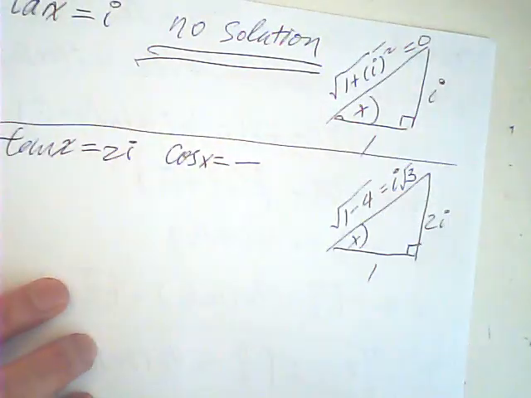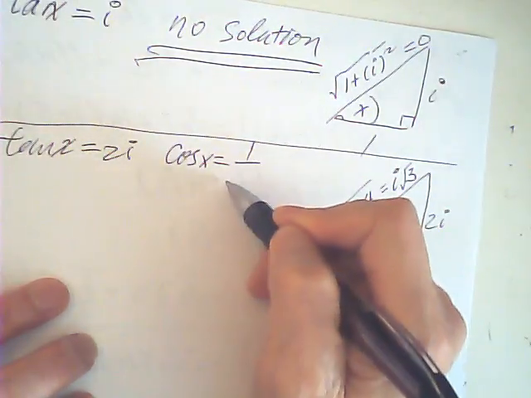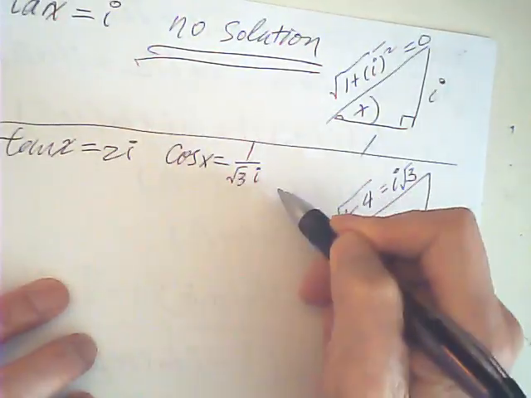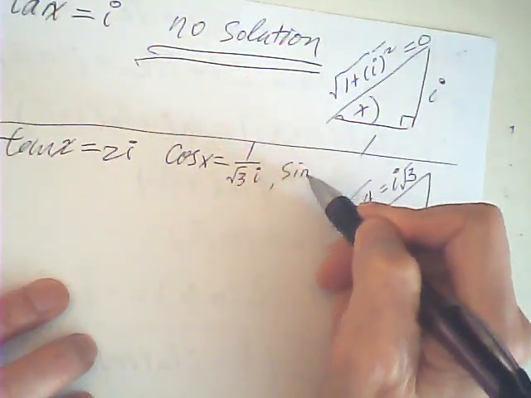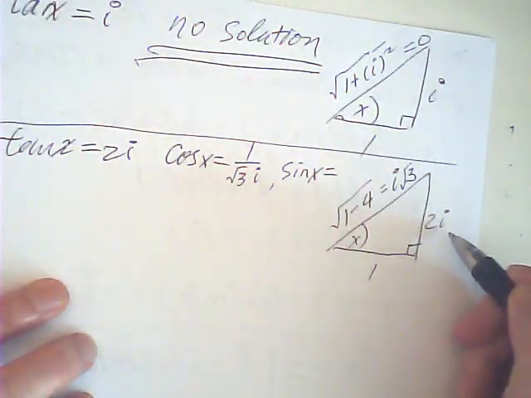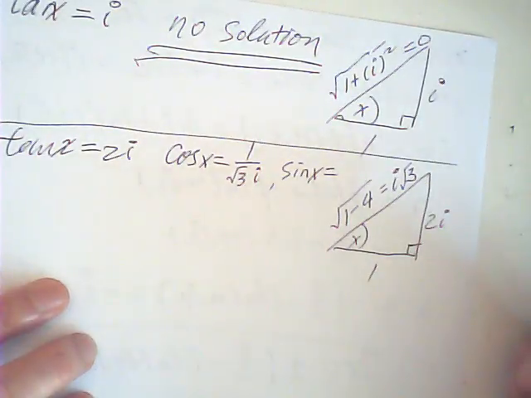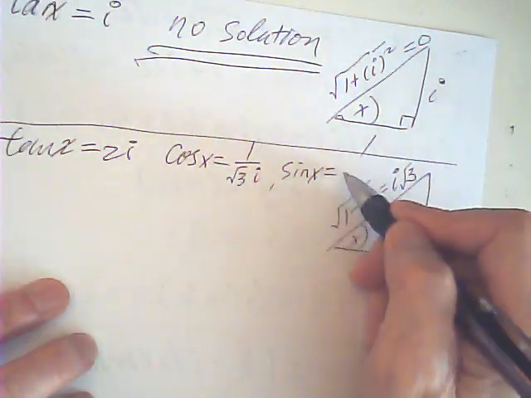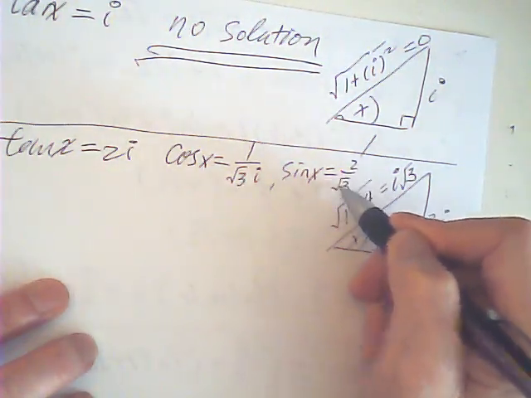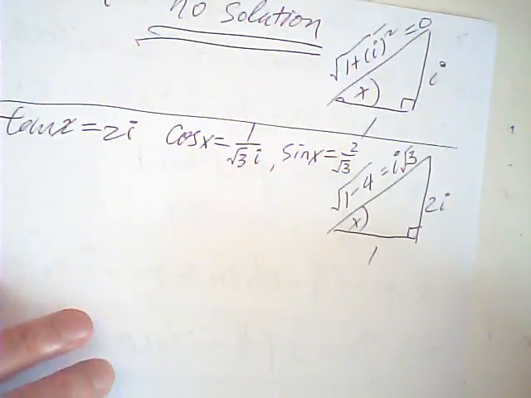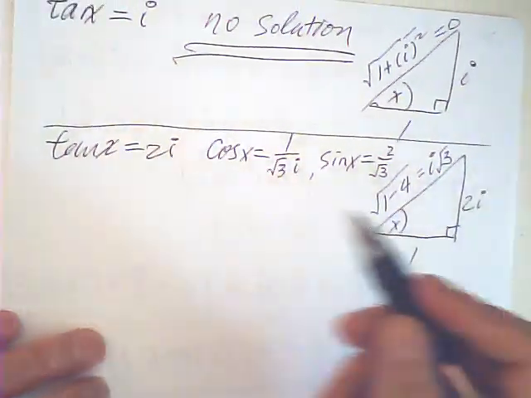This is 1 over root 3i. Sine x is equal to this over this, which is 2 over root 3. Yeah, correct.